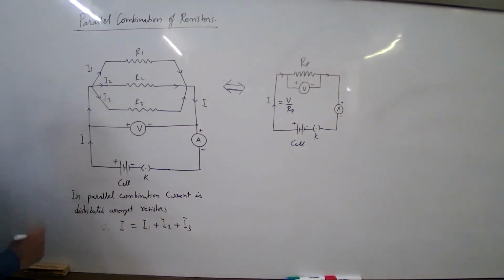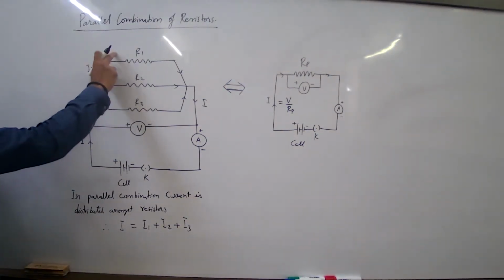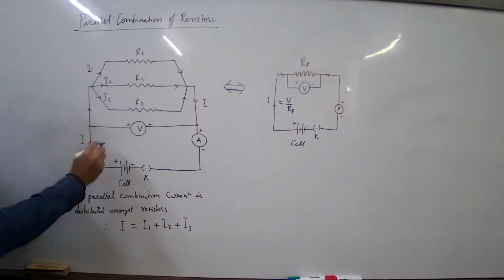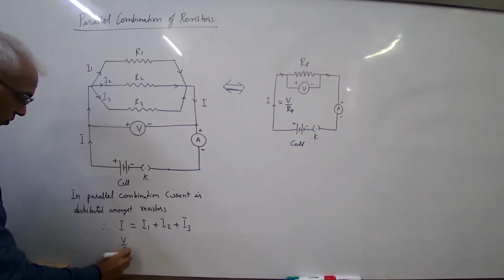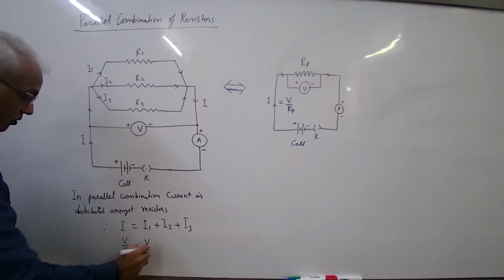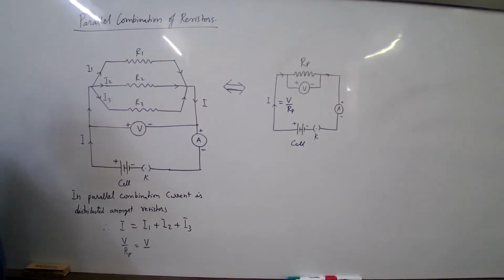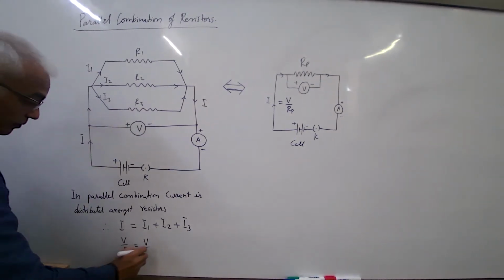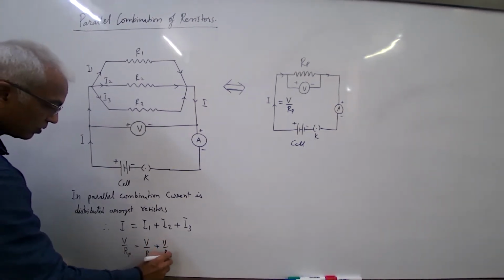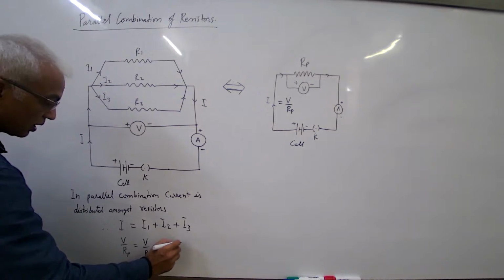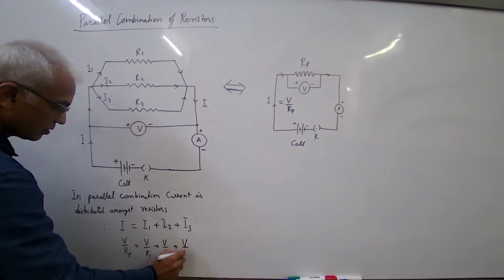Whereas here, what will be I1? V by R1. So this will be V by Rp equals V by R1, plus I2 is V by R2, and I3 will be V by R3.